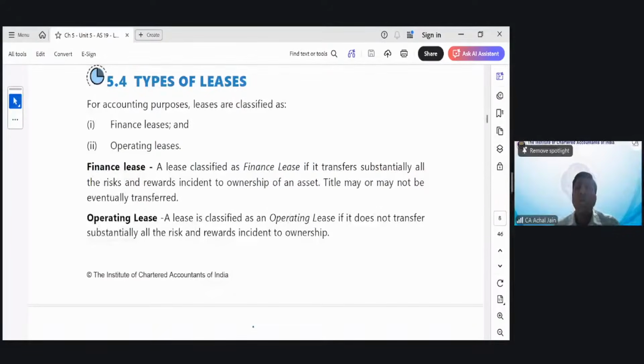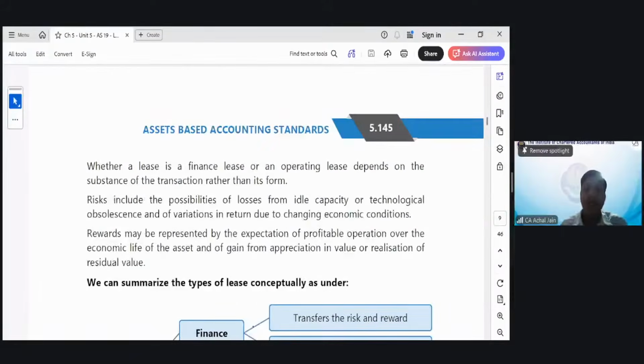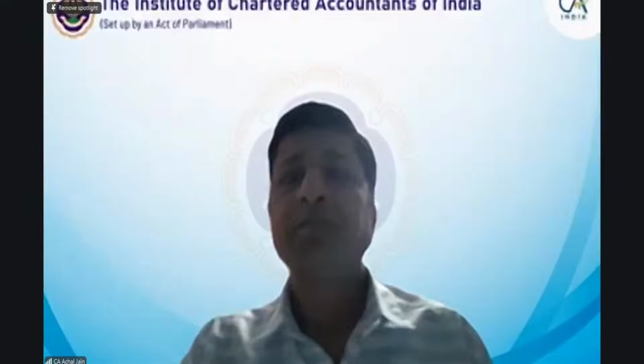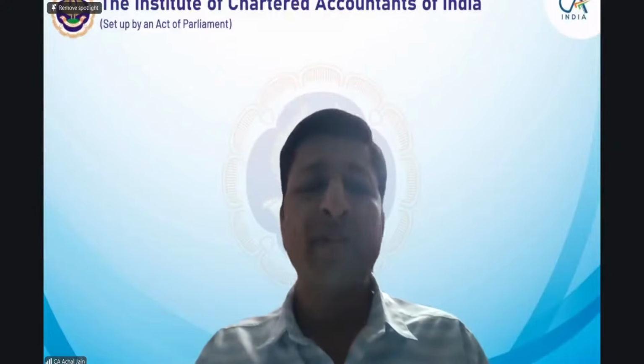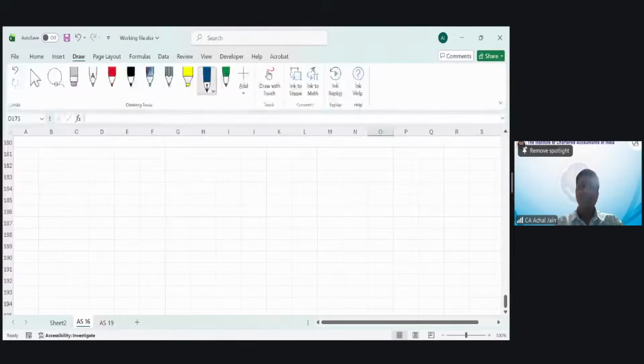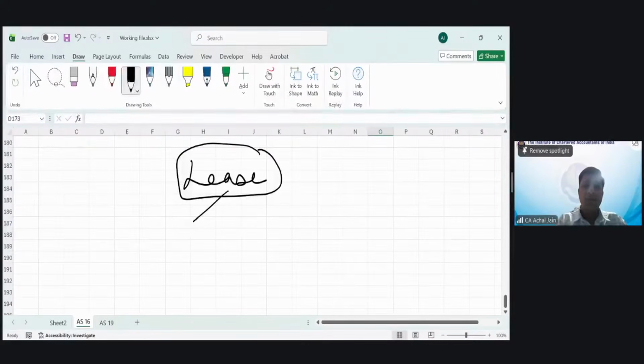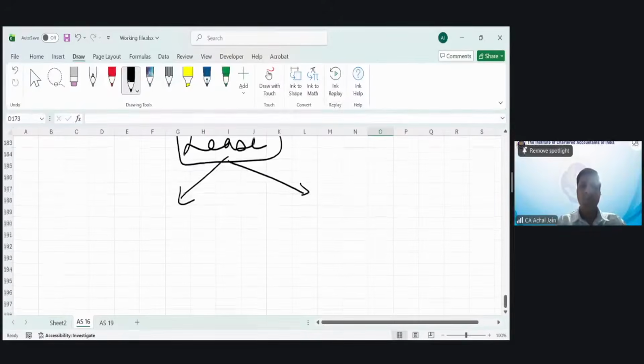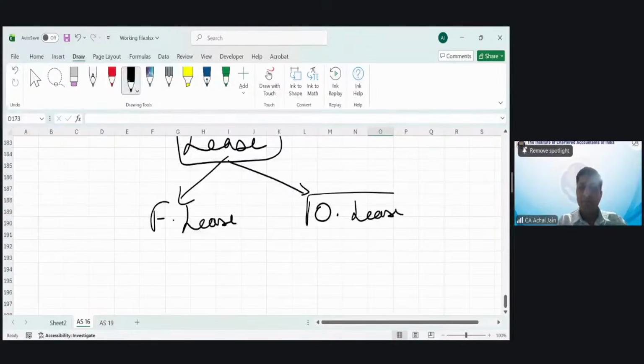But if you look at the operating lease, operating lease is not defined. So let's look at this. Now, leases are of two types. Finance lease and operating lease. Now, what is a finance lease?